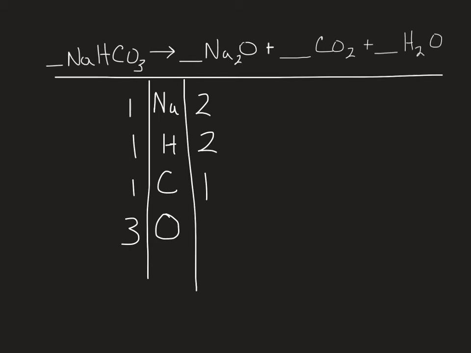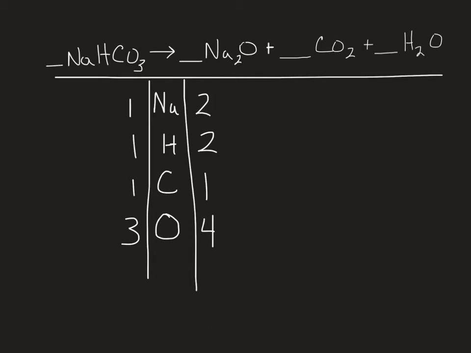There are, on the product side, 4 oxygen atoms. There's 1 oxygen atom here, plus 2 oxygen atoms here, plus another oxygen atom here. So 1 plus 2 plus 1 is 4.